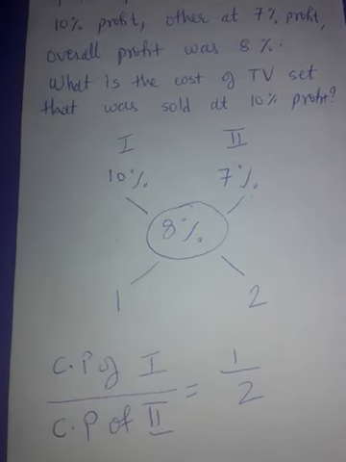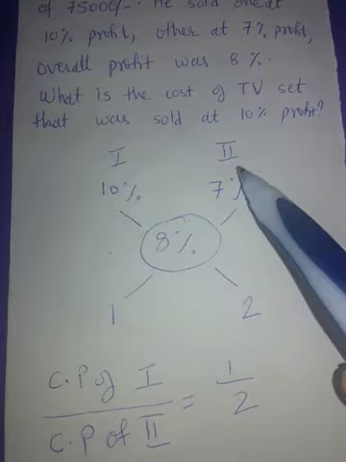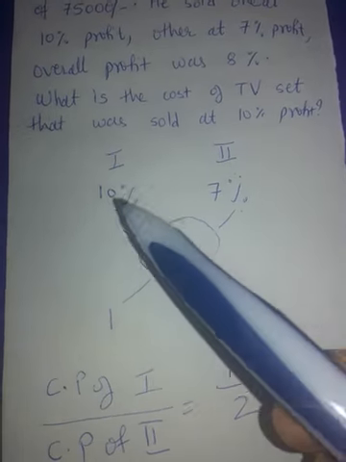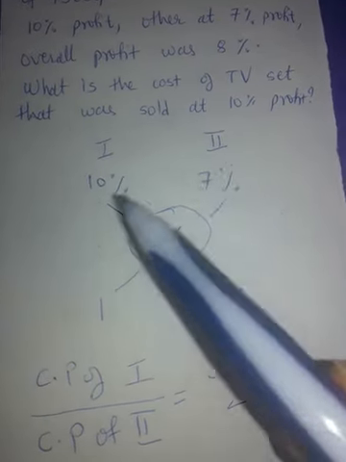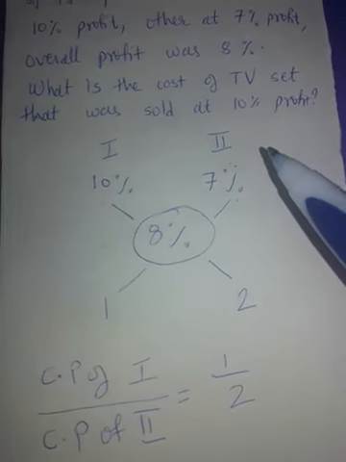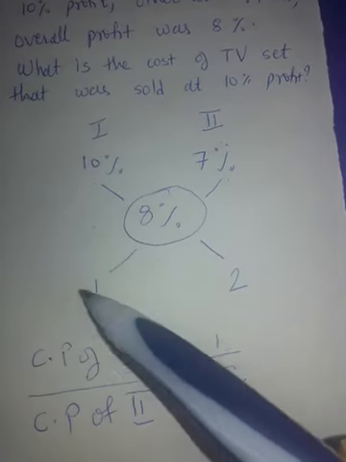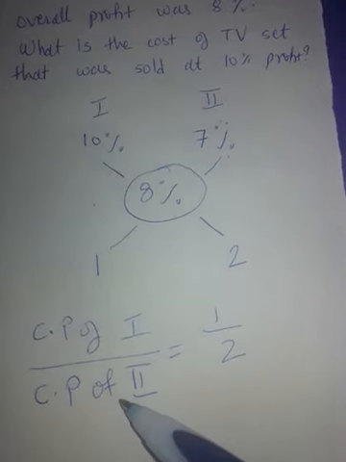One very important thing you must remember here. Here there were 2 transactions, but number of quantities were same, one TV set and one TV set. When number of TV sets, or number of any quantities, is same, then whatever numbers you get here is going to be ratio of cost prices.